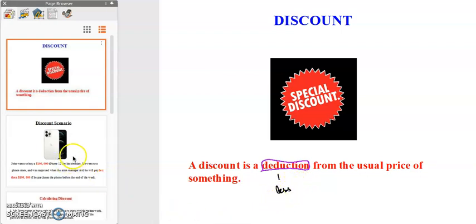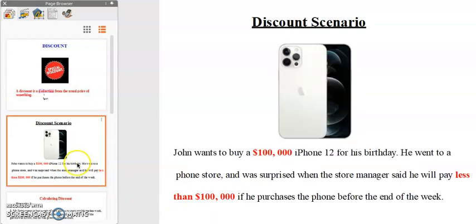So let's go through a scenario in which a discount is given. So John wants to buy a $100,000 iPhone 12 for his birthday. He went to a store and was surprised when the store manager said he will pay less than $100,000 if he purchases the iPhone before the end of the week.